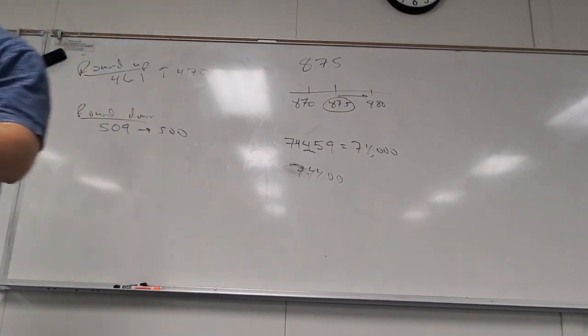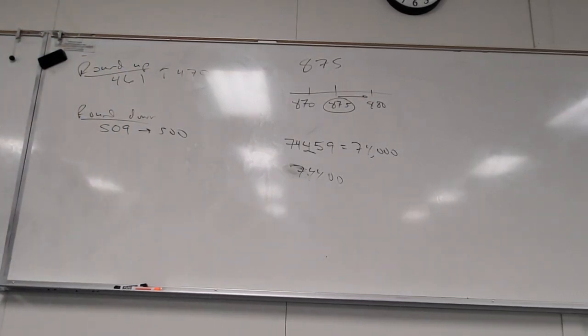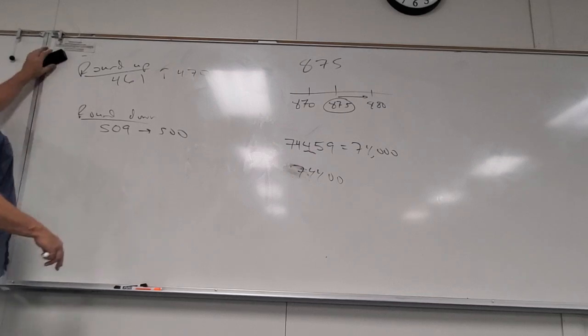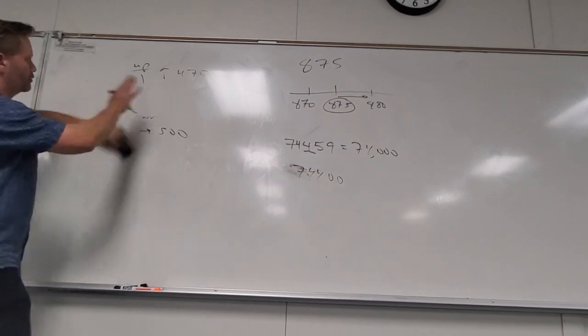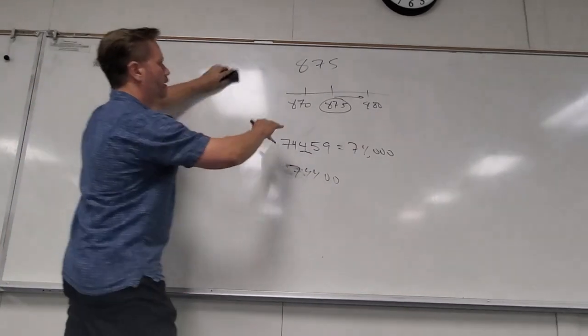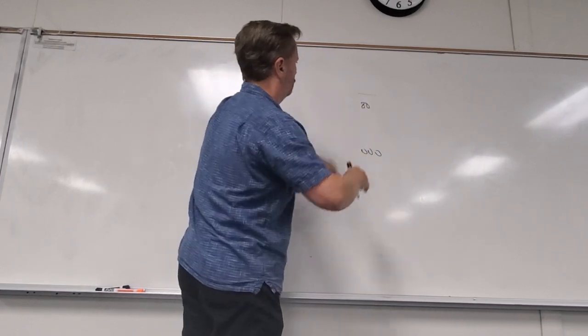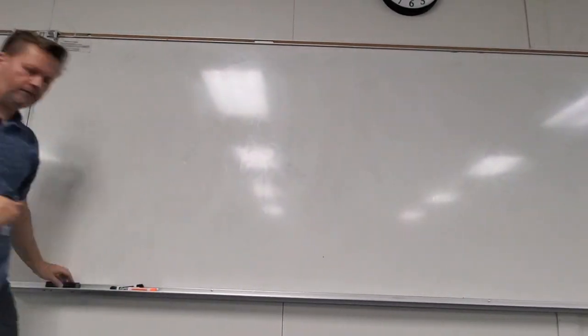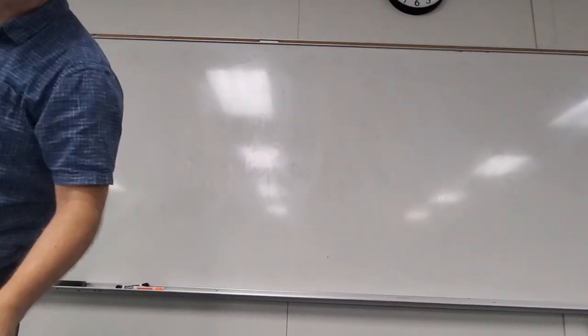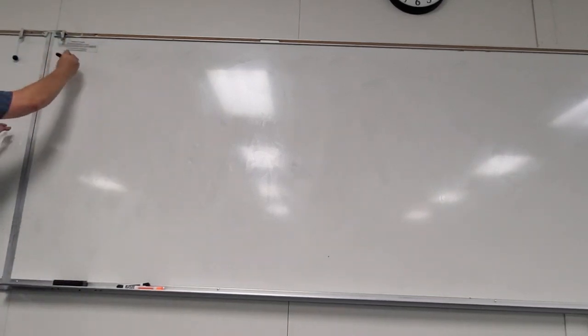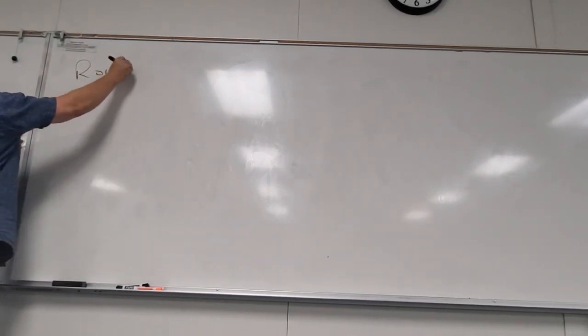Then there's a few really kind of strange ideas with rounding. We got our traditional rounding, we got our forcing us to round it up or forcing us to round it down, and then you have a couple of really nifty ones. There's something known as round to the nearest even.